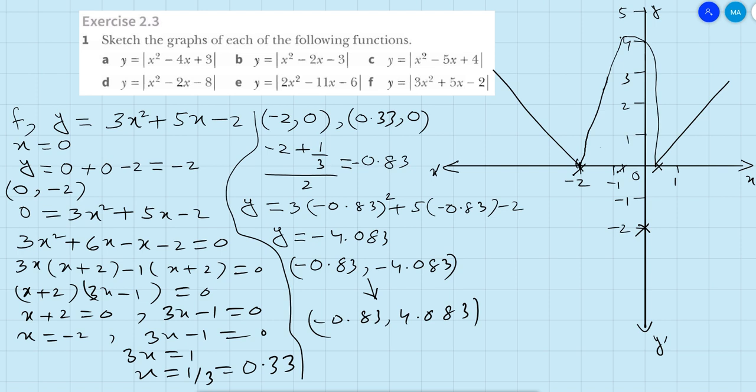Now I am going to check plotting. First is 0, minus 2, no mistake. The second one is minus 2 comma 0, no mistake. 0.33 comma 0, no mistake. And minus 0.83 and 4.083, no mistake.